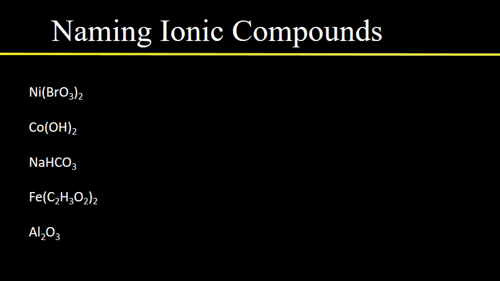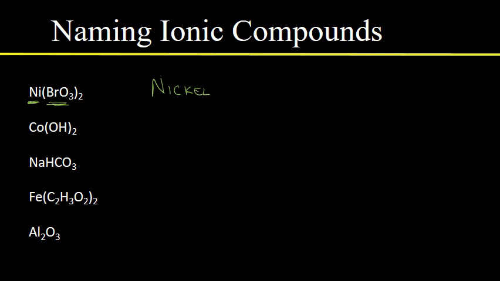All right, now let's look at going the other direction using formulas and determining the names. In this first one, again, we've got nickel here, a nickel ion, and we've got this oxyanion. So our cation is going to be nickel.